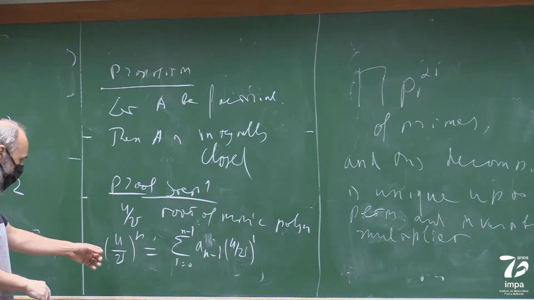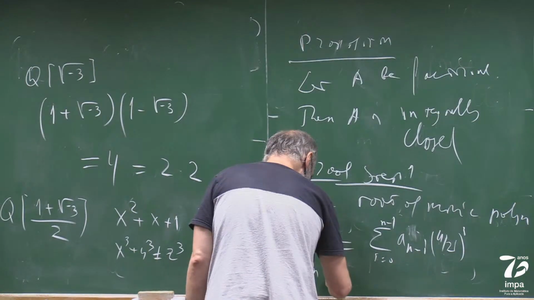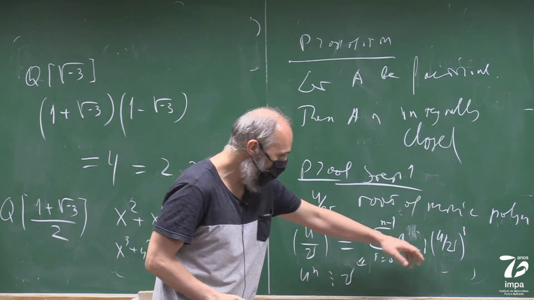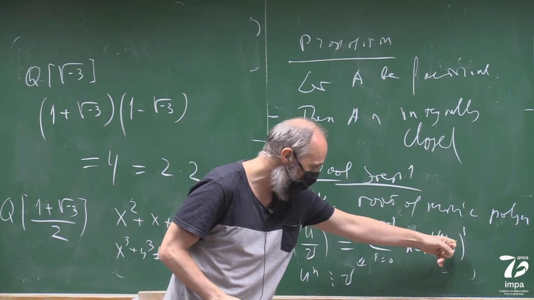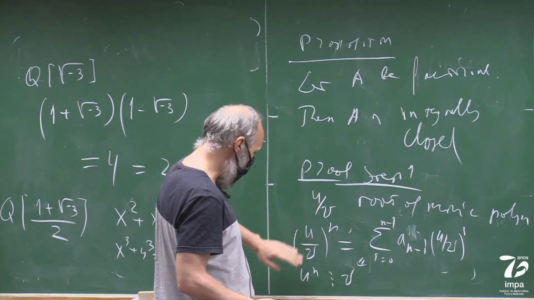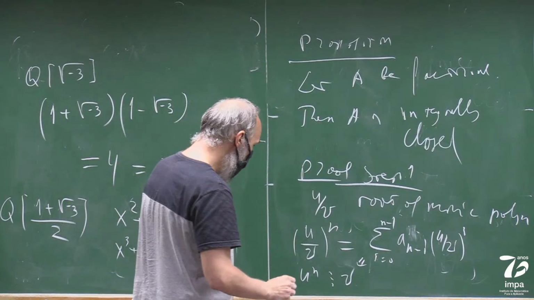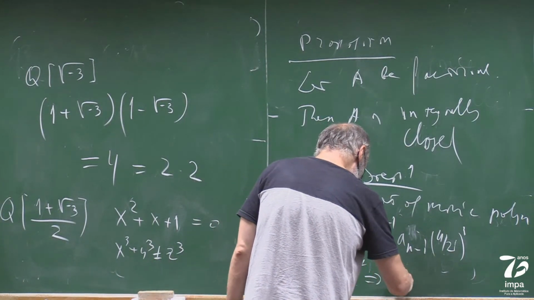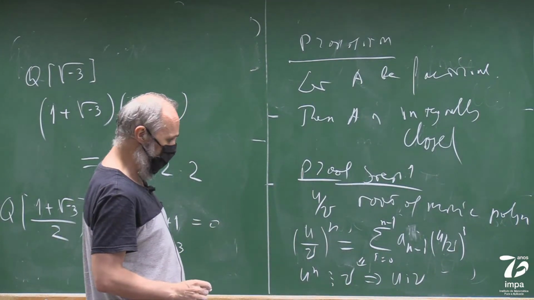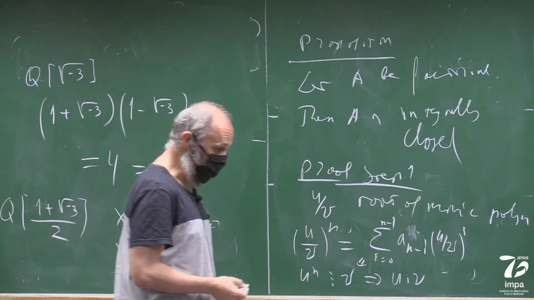You multiply everything by v power n, and you obtain that u power n is divisible by v, because everything else has exponents smaller than n. And since everything is factorial, this implies that u is divisible by v. Well, let's start with u and v coprime for simplicity. Then you have u divisible by v by the uniqueness of the prime decomposition.